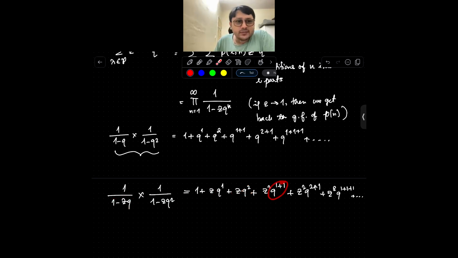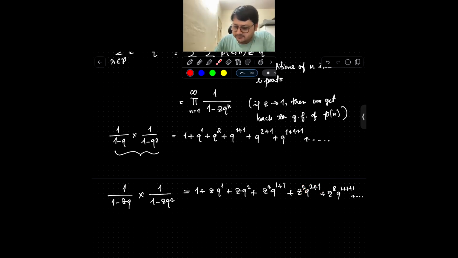Similarly, this q raised to the power 1 plus 1 is coming when you multiply q times q. Okay, so that means you're multiplying two q's, and with each q there is a z, so you get a z square here. And similarly here you get this when you multiply q and q square, and there are two z's associated with the q's, so you get a z square. Similarly, z cube, and so on.